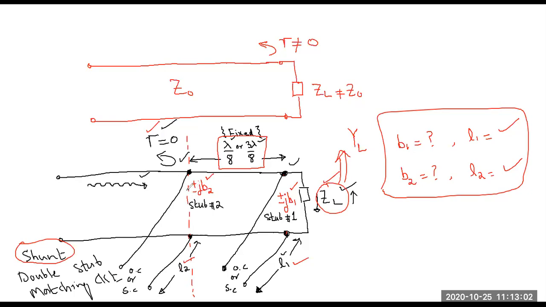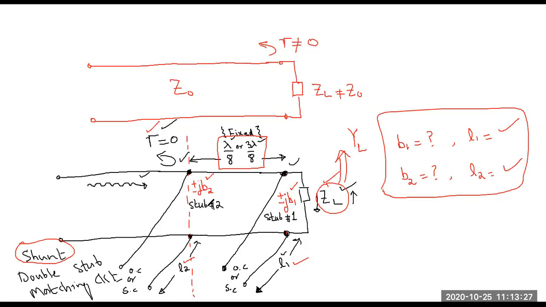Because ultimately, if you remember, I mentioned this point many times in my last lecture: from the Smith chart point of view, how will I know that my circuit is mismatched or matched? On the Smith chart, if the impedance is not at the center, it means your circuit is not matched.